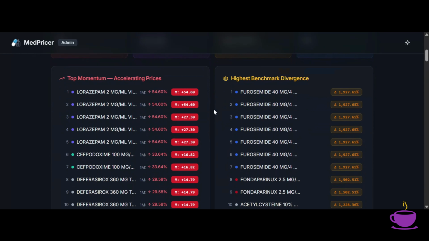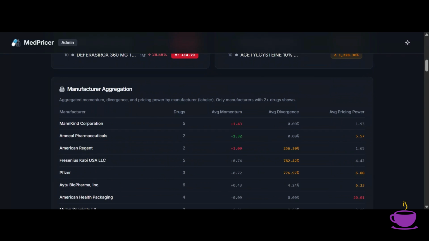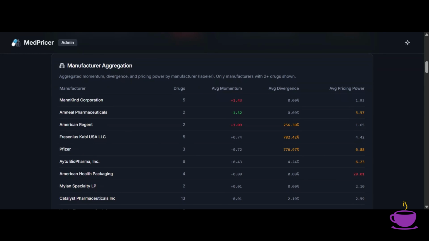We look at momentum, accelerating pricing, highest benchmark divergence, manufacturer aggregation, aggregated momentum, divergence, and pricing power by manufacturer. Only manufacturers with 2+ drugs shown. Again, this is so that we can get the divergence metrics.